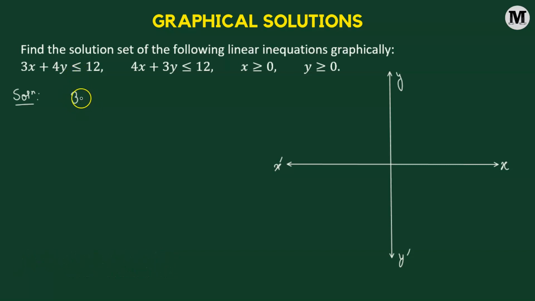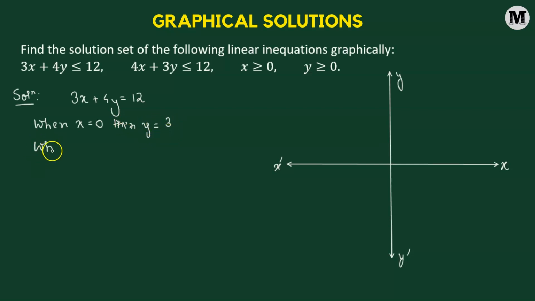That means we will get 3x plus 4y equals to 12. Now that we have an equation in two variables, we're going to sketch the graph of 3x plus 4y equals to 12. That's a very simple task. All we have to do is take two values of x and y. So when x equals to 0, we get the corresponding y value, y equals to 3.